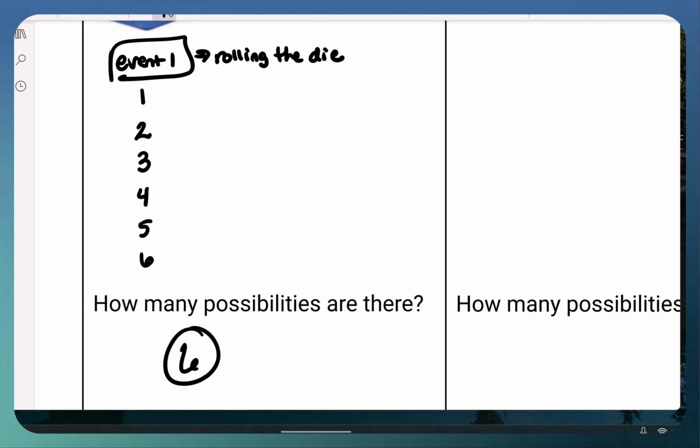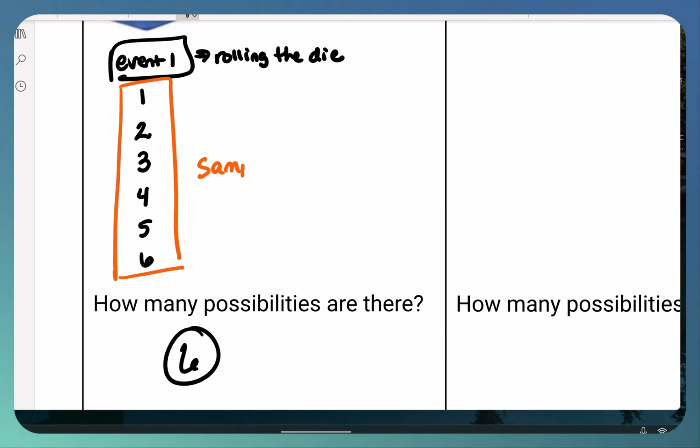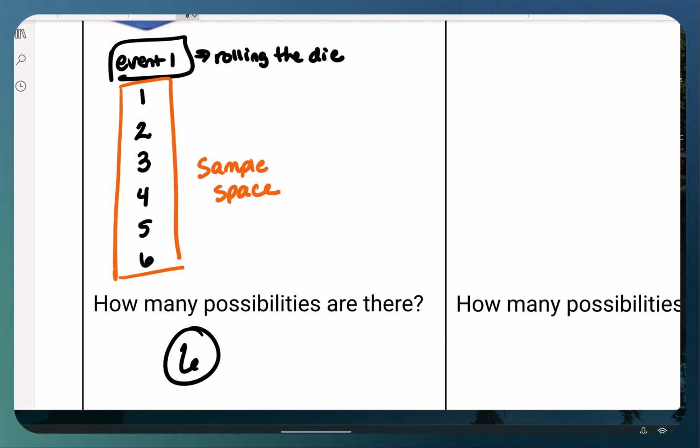So I only have to multiply your outcomes if you have more than one event. So this right here, all of these numbers is the sample space. And if you wanted to, you can list them using braces and just put a comma in between each possibility.